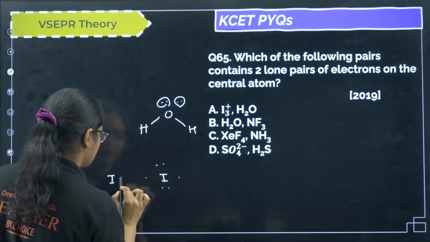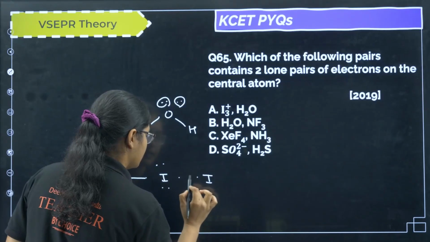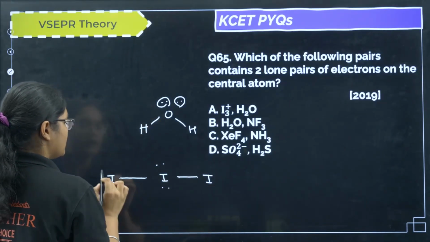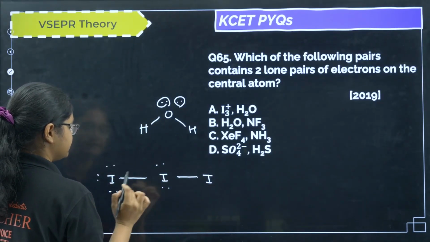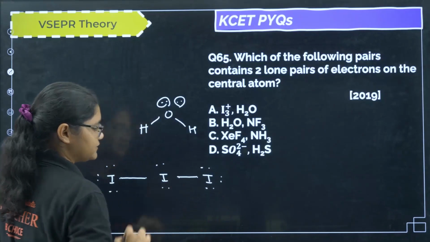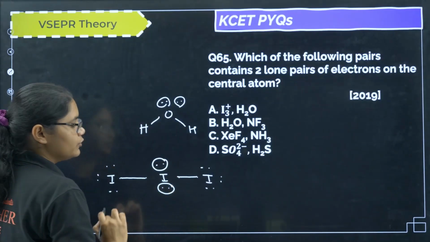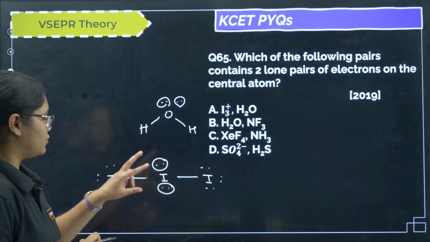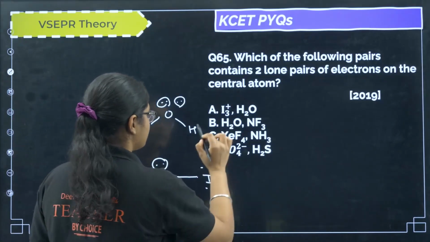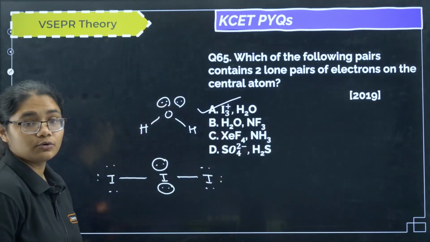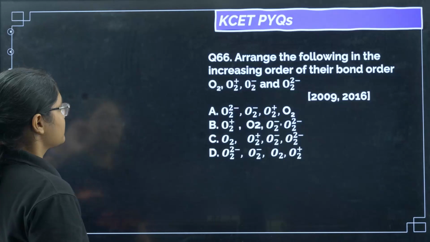So I have I here and I here. Now I have 1, 2, 3, 4, 5, 6 and 1, 2, 3, 4, 5, 6. Now you can see on the central atom I have two lone pairs of electrons. So this one will also have two lone pairs of electrons. So option number A here.